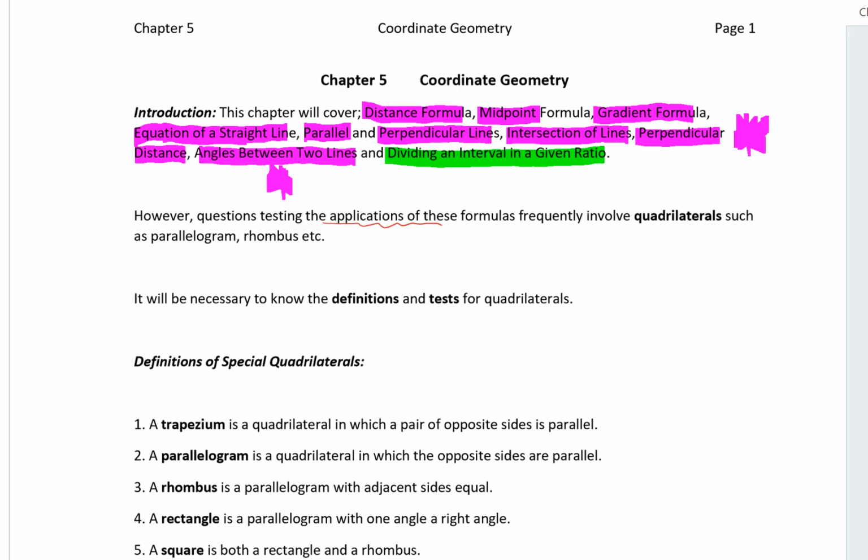You'll hear me talk lots about connections throughout this chapter because that is very much the style of the question, that you're not directed towards doing a particular mathematical process. You have to know that from reading the question, the mathematical process to choose.